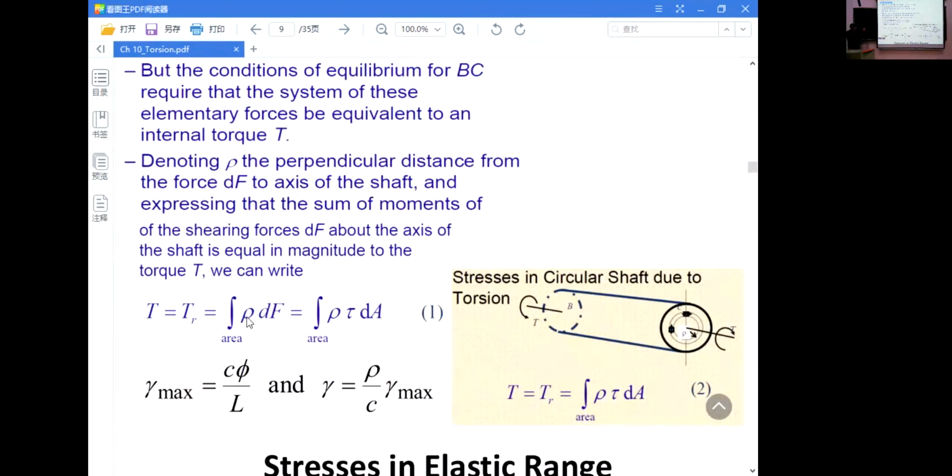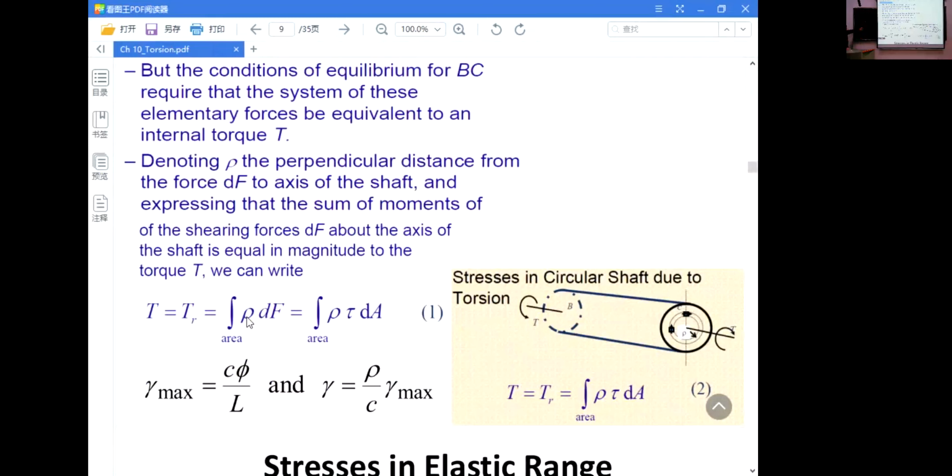Let's find the dA. dA is the force, the shear force acting on the small area.